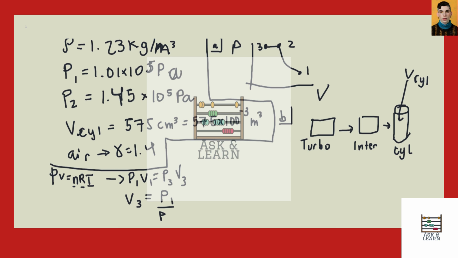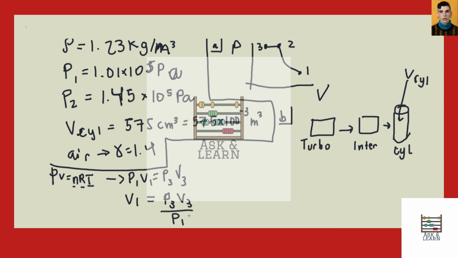Oh, we already know the volume at 3. So we want the volume at 1 because we want to know how much we're starting with. I guess it's implicitly finding the size of whatever the tank is for the turbocharger. So anyway, you get P3 V3 over P1.